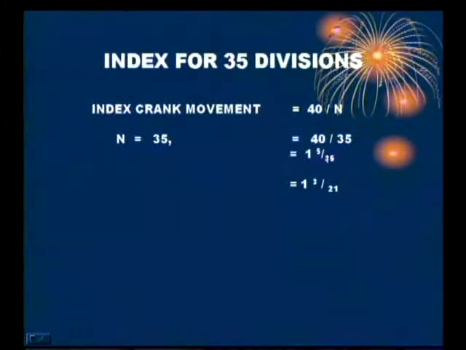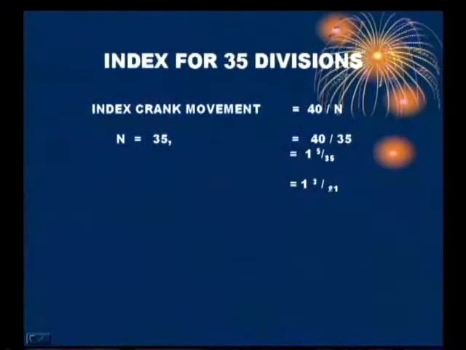So 35 is not possible. 5 by 35 can be reduced to 1 by 7, and this 1 by 7 you can make 3 by 21 by multiplying both numerator and denominator by 3. Now the denominator is 21, and a 21 hole circle is available with Brown and Sharpe.